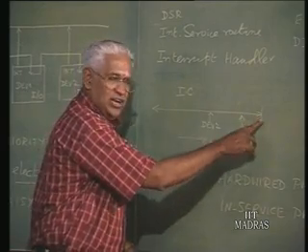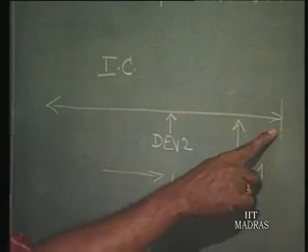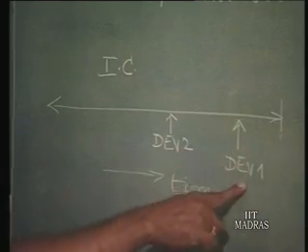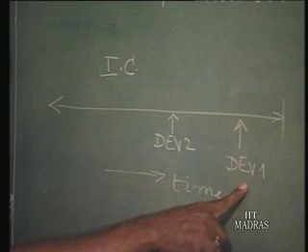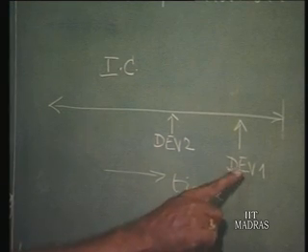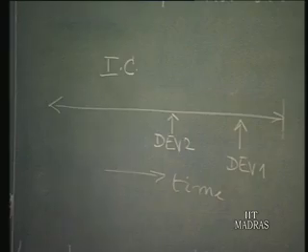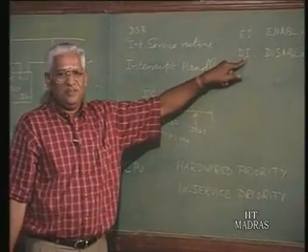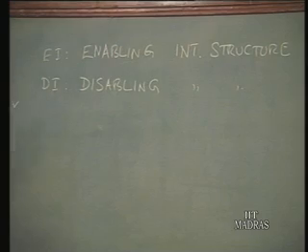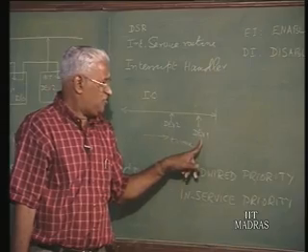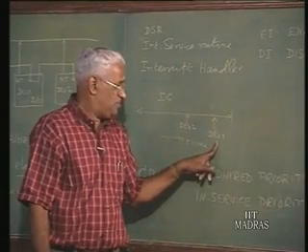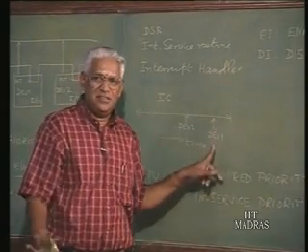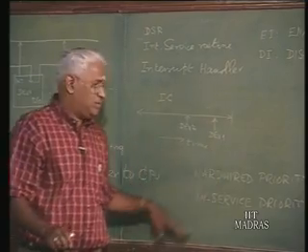At the end of an instruction cycle, the interrupt acknowledge is generated, and device 1 interrupt service is taken up. The very first instruction in the device 1 service, if it were disable interrupt, then what will happen?